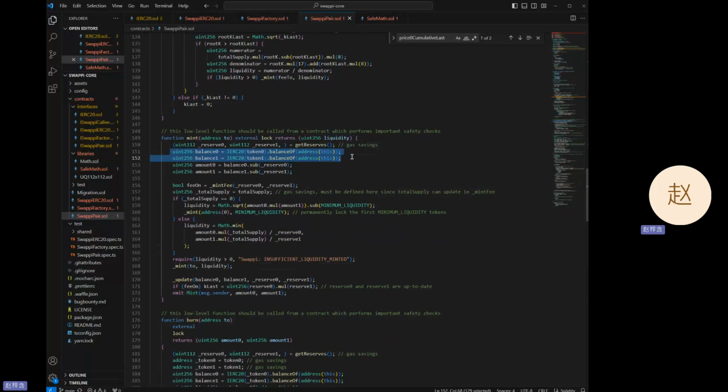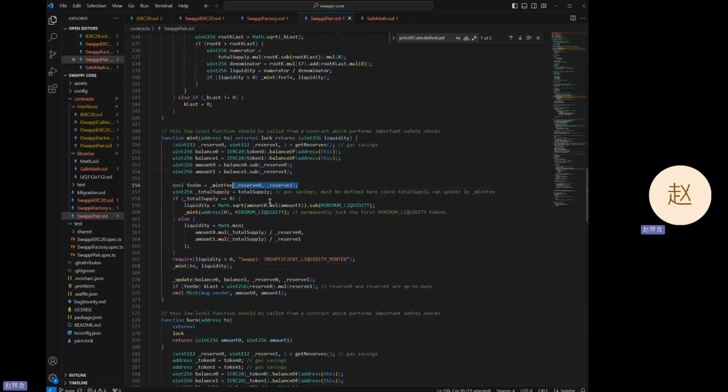And then we will check the balance of the two tokens, because before running the mint function, the user has to transfer some tokens into the contract, but reserve 0 and reserve 1 haven't been updated yet, while the balance is already there. So we can do a subtraction to get how much of the two tokens the user deposited.